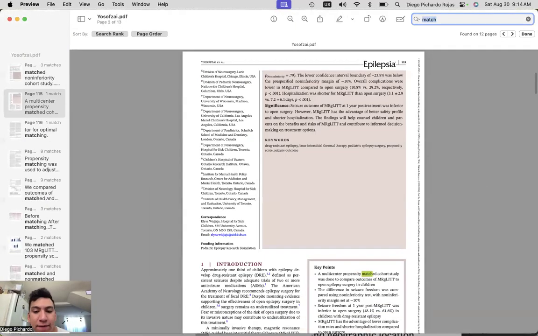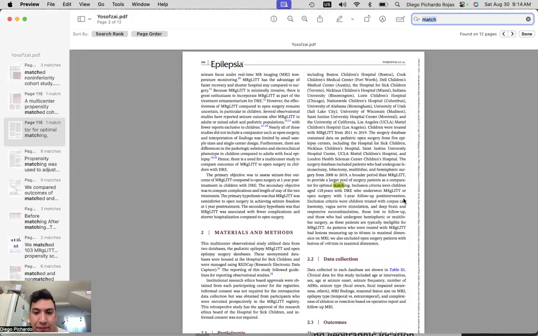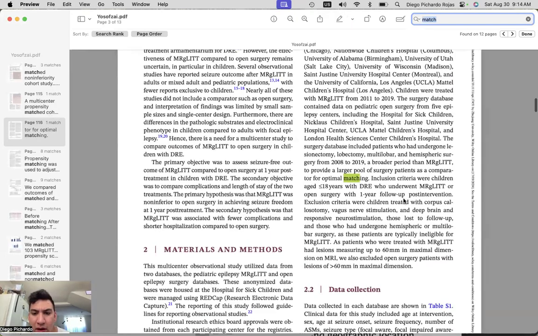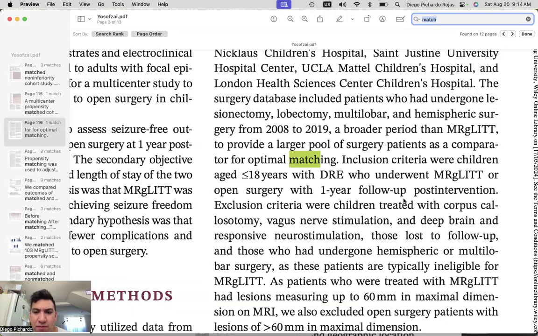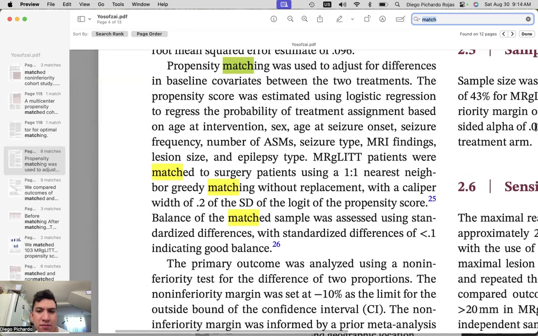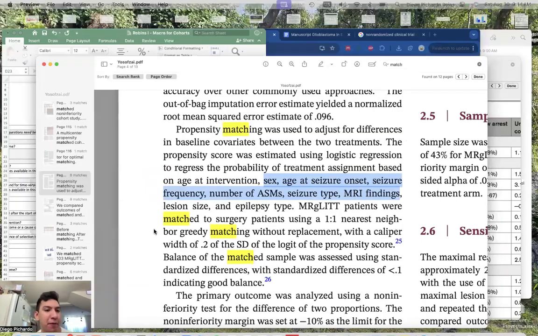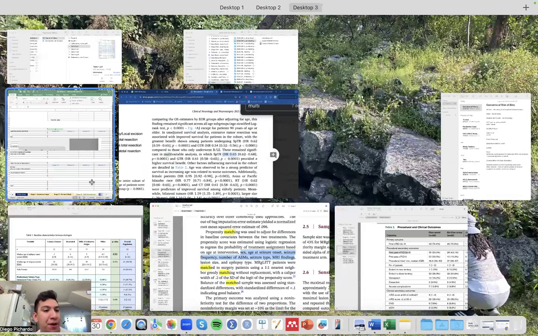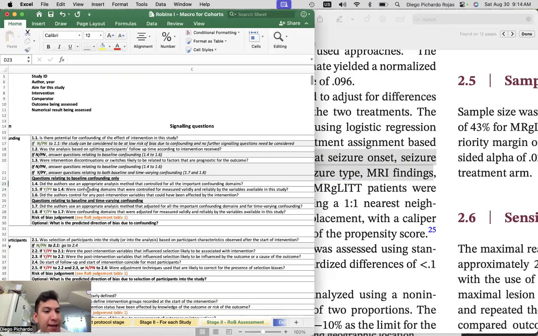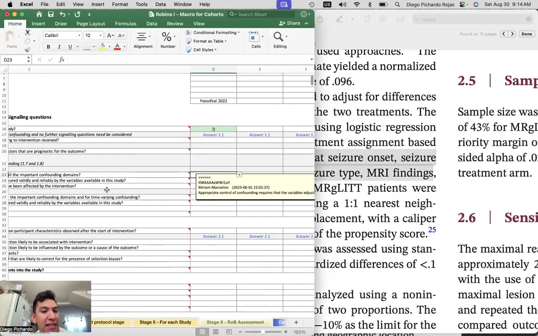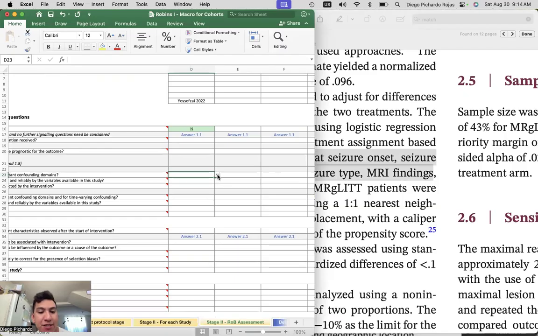They matched for number of medications, seizure types, age, sex. They considered a lot of stuff for matching. The matching was almost perfect. Did the authors use an appropriate analysis method? Yes, they did. It was super good.